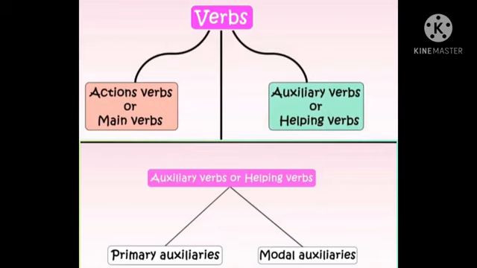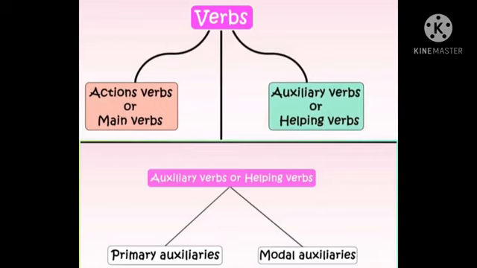First, we can focus on the primary auxiliaries. Primary auxiliaries are the different forms of the main verb, and they are do forms, be forms, and have forms. When used with other main verbs to complete their meaning, they are termed primary auxiliaries.